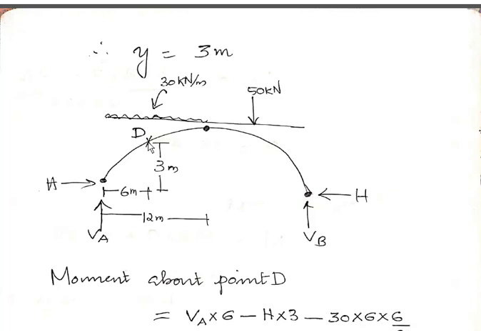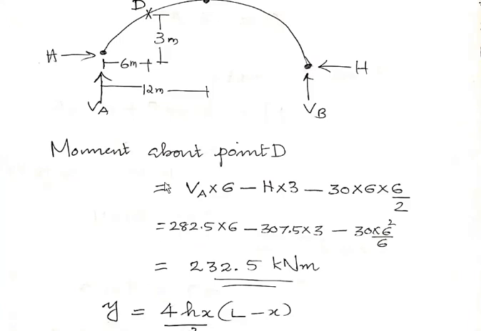So what is the moment about this point D? VA into 6 minus H into 3 minus 30 into 6 into 6 by 2. Clear? So taking moment about this point D, it is VA into 6 minus H into 3 minus 30 into 6 into 6 by 2.